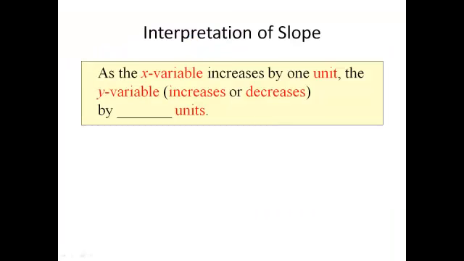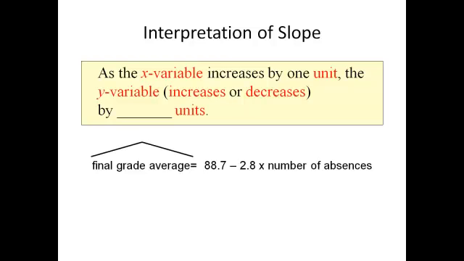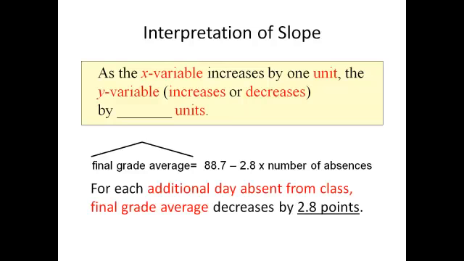So again, we say that the interpretation of slope is that as the x variable increases by 1 unit, the y variable either increases or decreases by blank units. Now in the case of our last data set, where we have predicted final grade average is equal to 88.7 minus 2.8 times the number of absences, our interpretation of the slope is, for each additional day absent from class, final grade average decreases by 2.8 points.